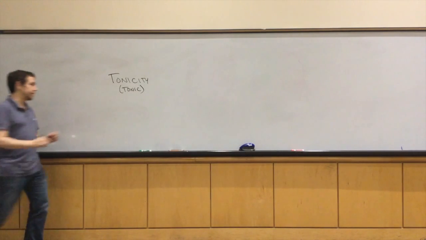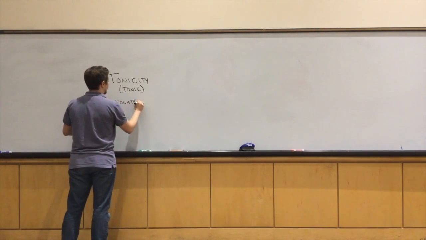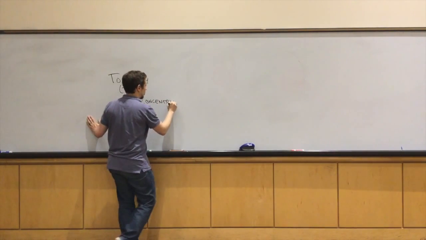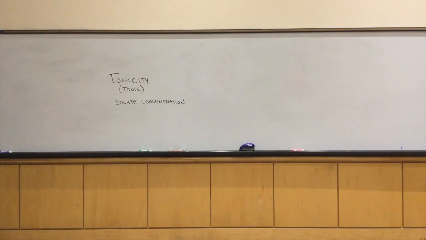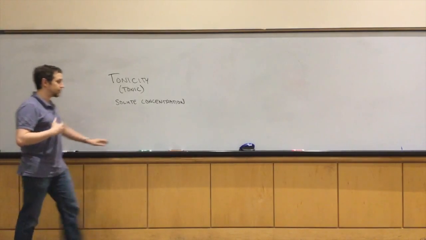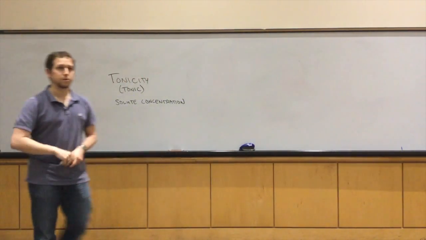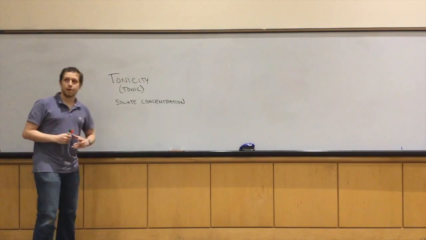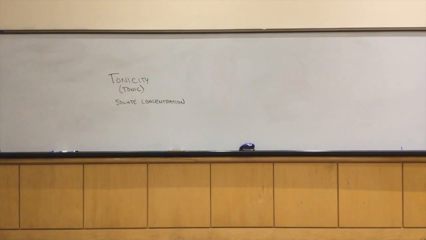Now, tonicity is solute concentration. It's got 3 prefixes that have the capacity to be in front of it. One of these prefixes implies that the solute concentration is higher in one solution compared to another. One means that it's the same between one solution and another, and one means that the solute concentration is lower in one solution compared to another.